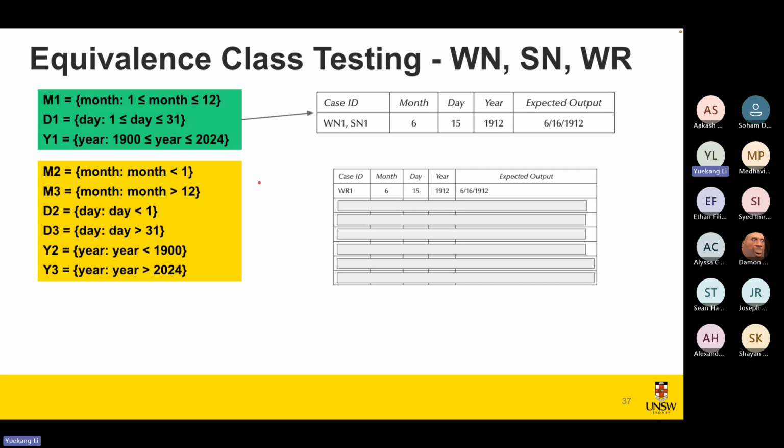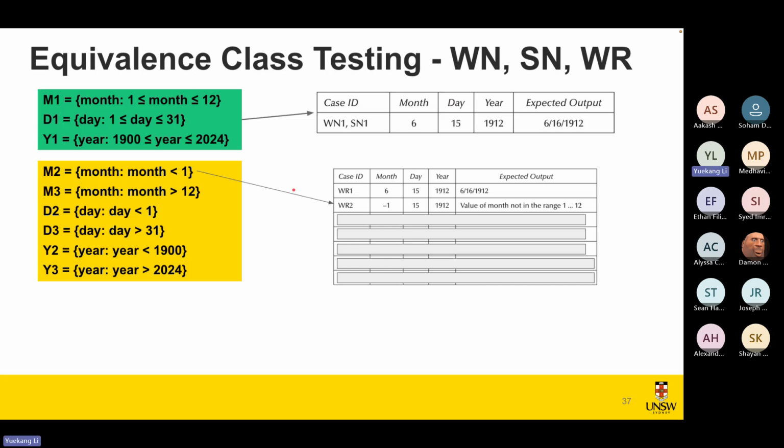So what we can do is apply the invalid equivalence classes one by one. For M2 here, if we try to cover this equivalence class, we get a month which is below the valid range. We have this one here.